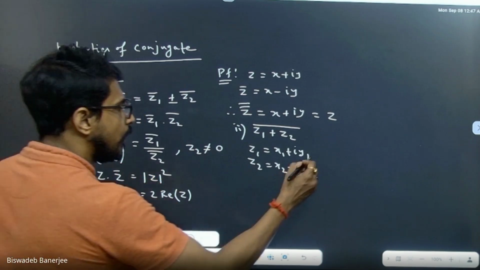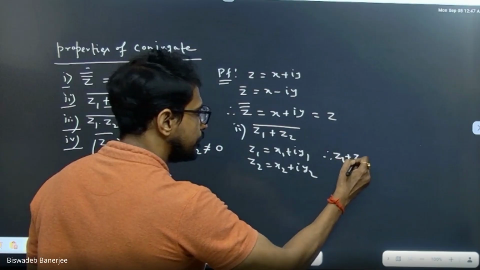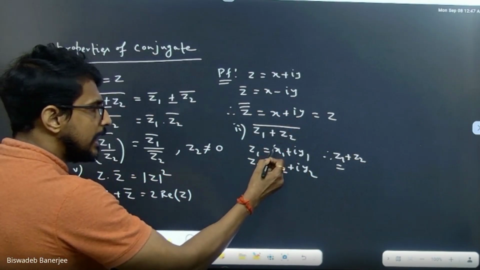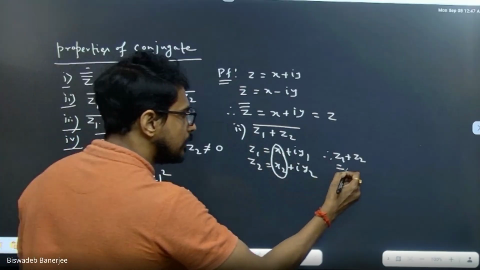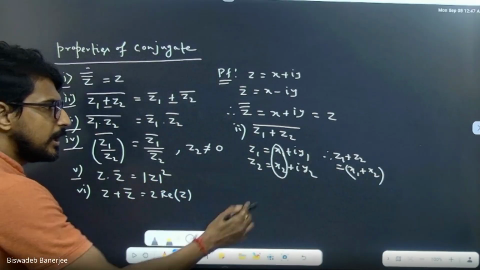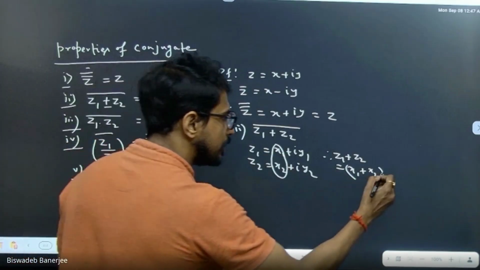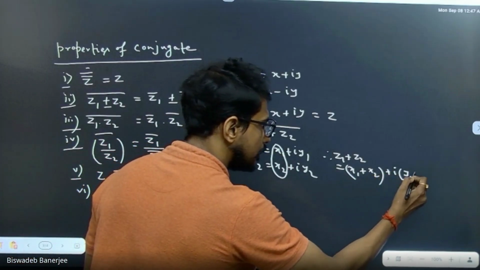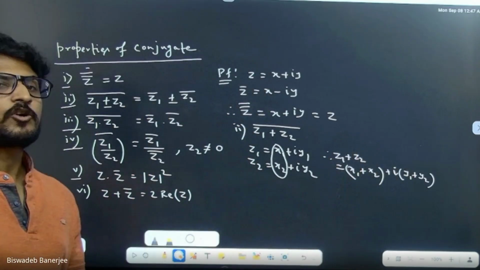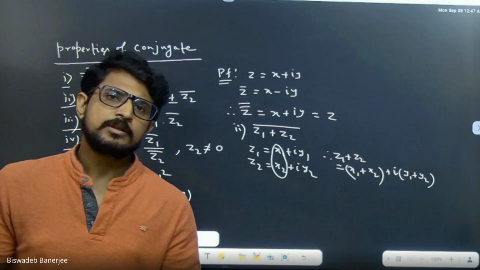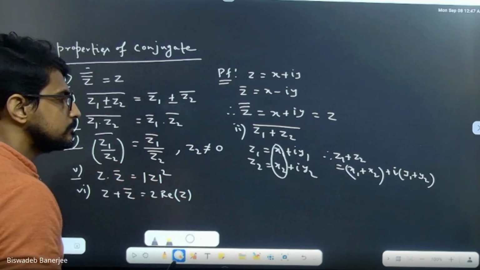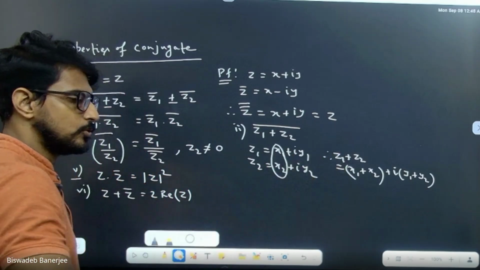So what will be my z1 + z2? Z1 + z2 means we add all the real numbers, then add all the imaginary numbers. This is called addition of complex numbers. Okay, this is my z1 + z2.